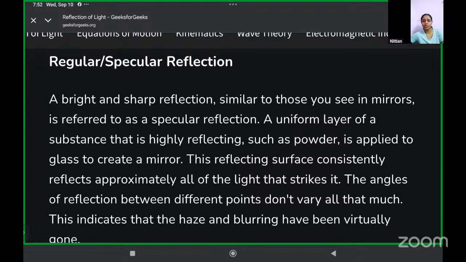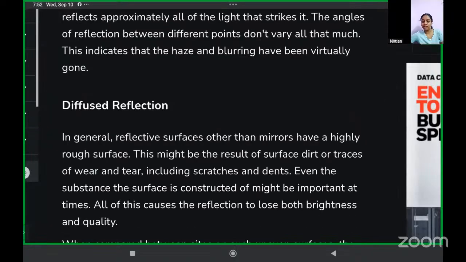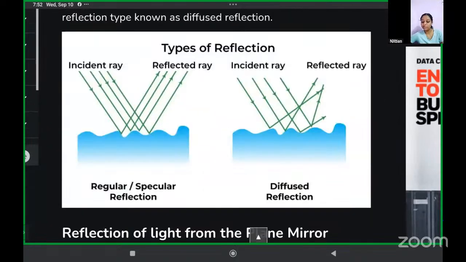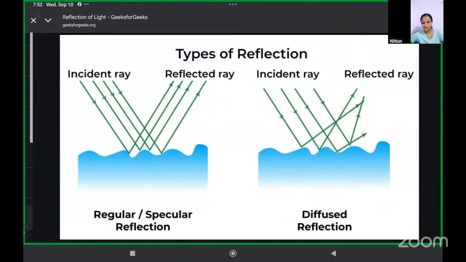Write a little about diffuse reflection, but majorly I want you to make the diagram of regular reflection and diffuse reflection. Can you do that right now?